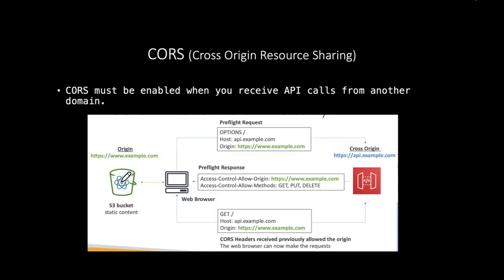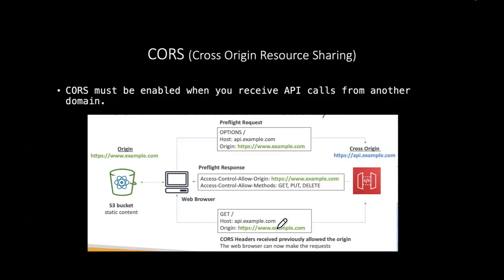We may do it at the very end, but either way, you've got a client-side app, and let's suppose this is the domain name for your client. Over here, we've got a web API, and it has a different domain name. The whole idea of CORS is if this client, which has a different domain name from the backend, wants to send requests to that backend, the client first of all has to essentially ask the backend or the API, do you accept requests from domains other than your own domain?